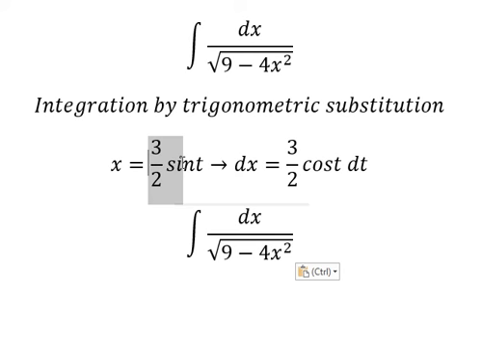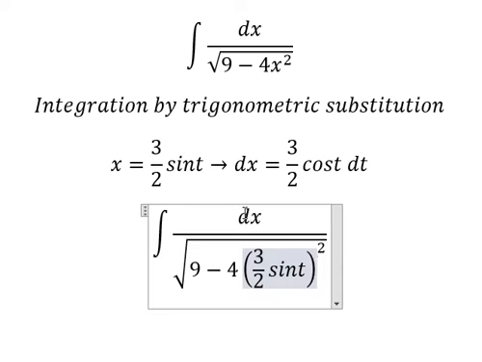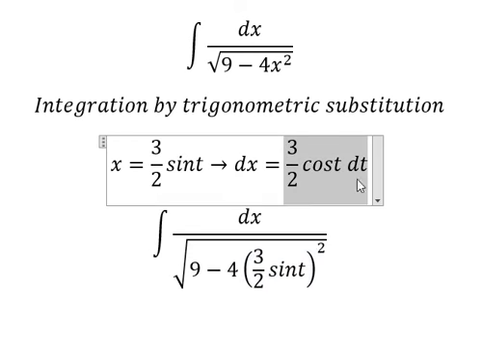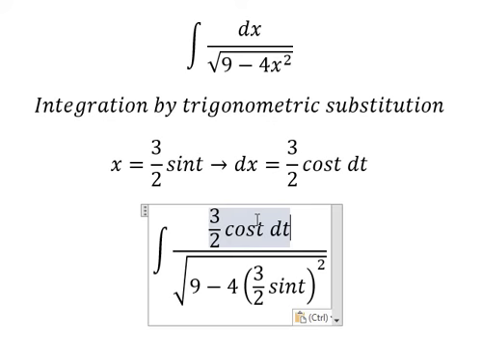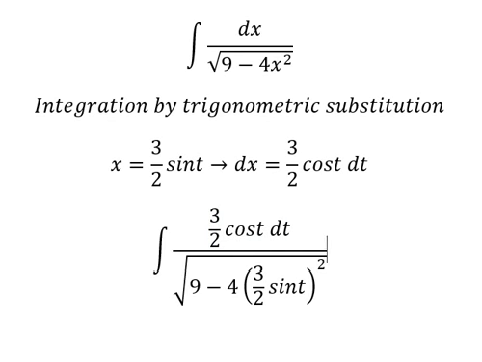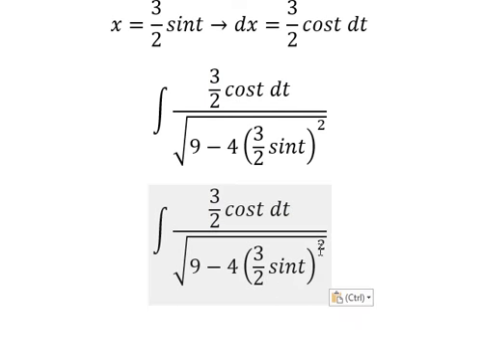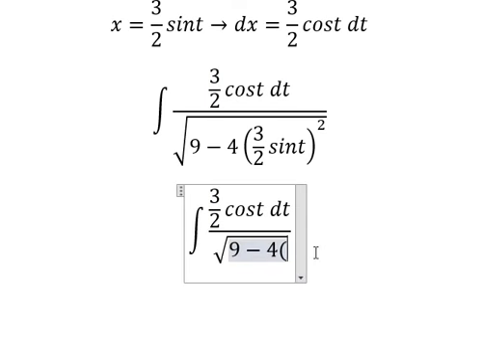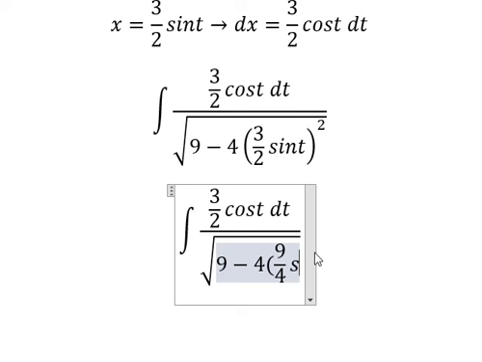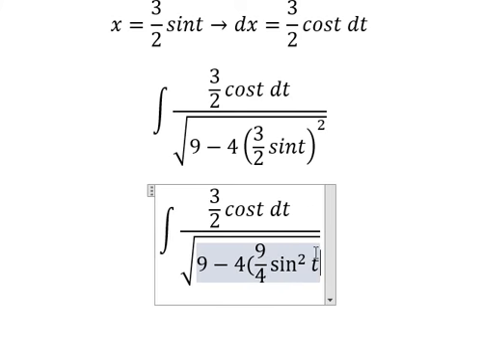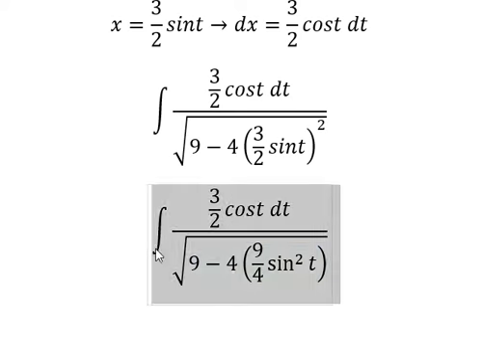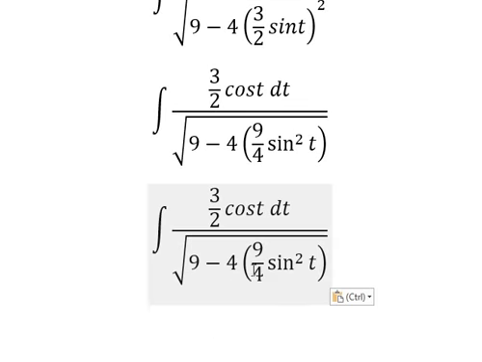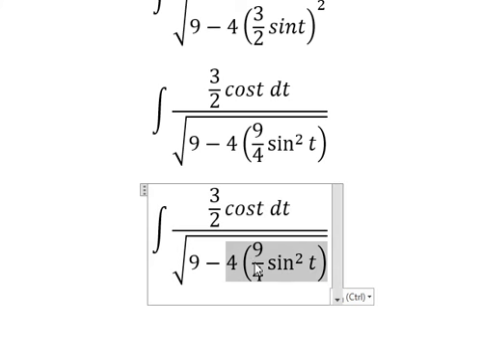So I will put this in here. dx we change by this one. So this one we have 9/4 sine squared t. The 4 we cancel, and you get 9 in here.